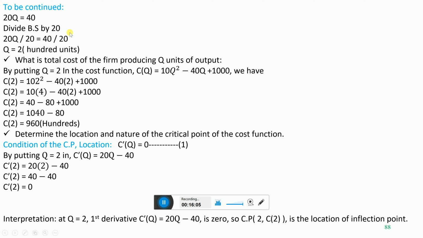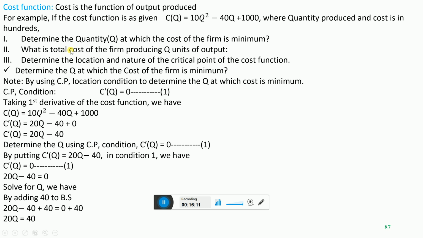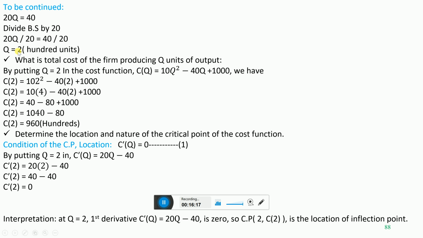Q is equal to 40 by 20, so Q is equal to 2. Because in the example it is given that quantity produced and cost are measured in hundreds, this Q equal to 2 means 200 units. So what does this mean, Q is equal to 2?